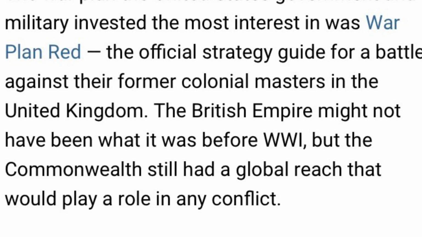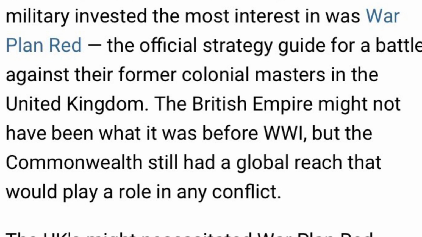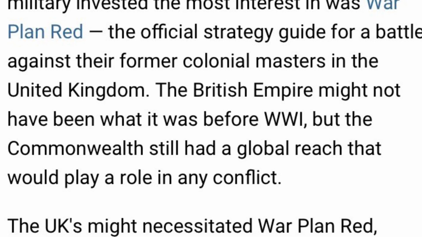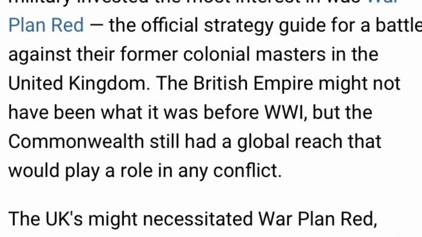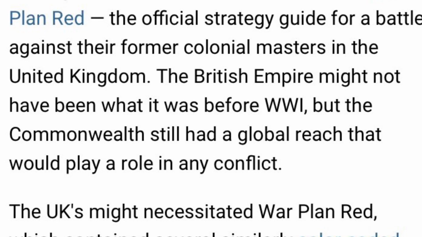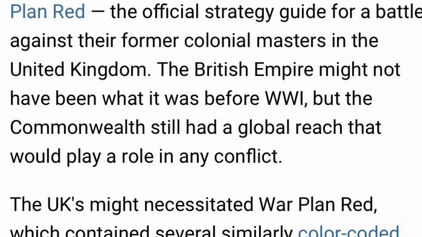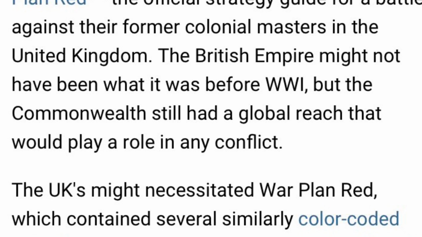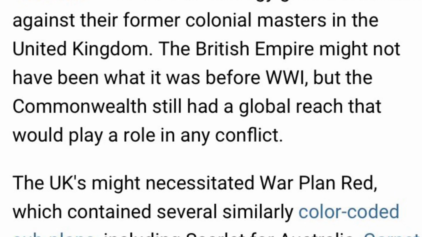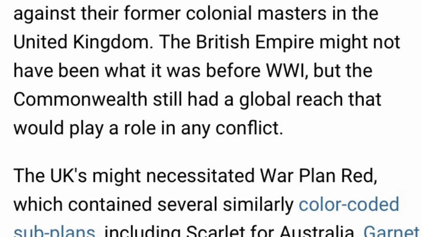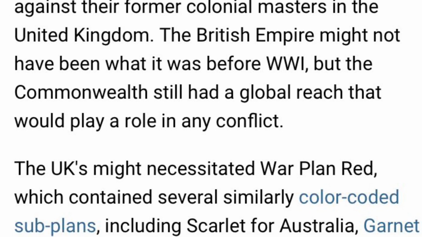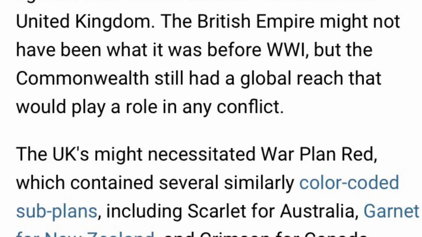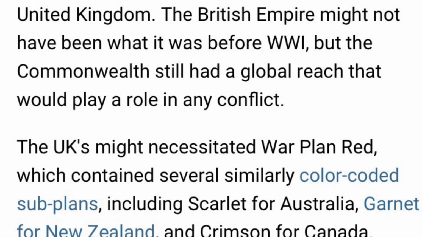The British Empire might not have been what it was before World War I, but the Commonwealth still had a global reach that would play a role in any conflict. The UK's might necessitated War Plan Red, which contained several similarly color-coded subplans, including scarlet for Australia, garnet for New Zealand, and crimson for Canada.